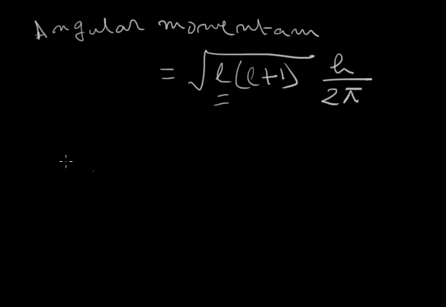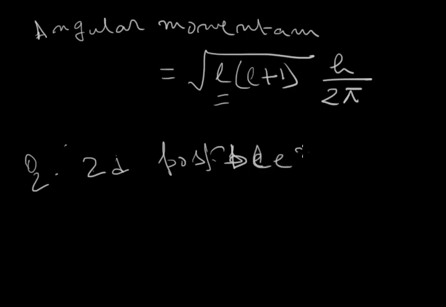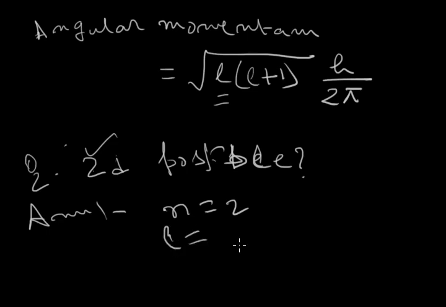If a question is asked, is 2d possible? The answer is that the 2d sub-energy level is not possible because here n is 2, and d represents L equal to 2.